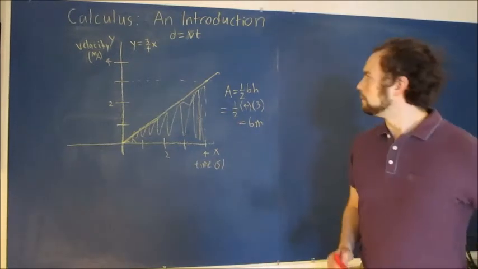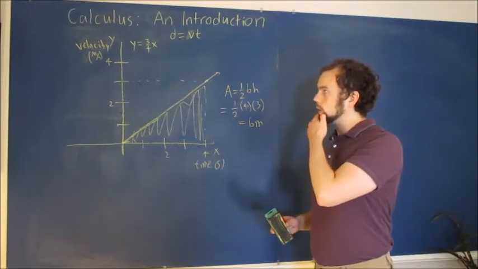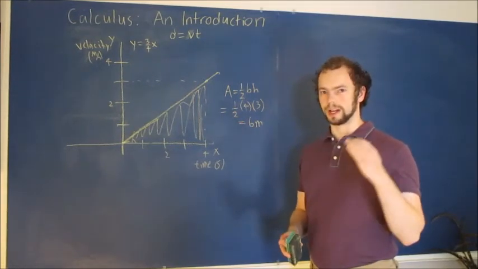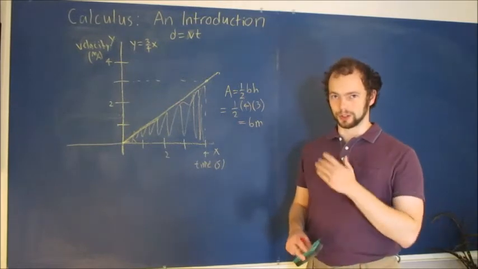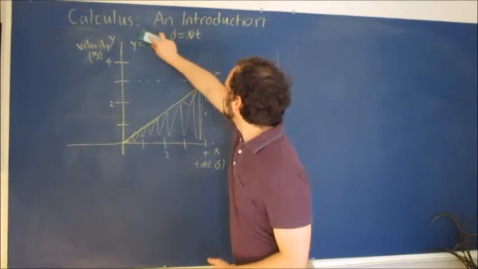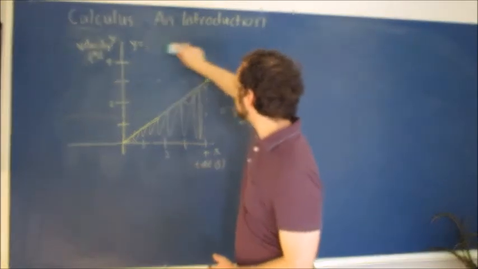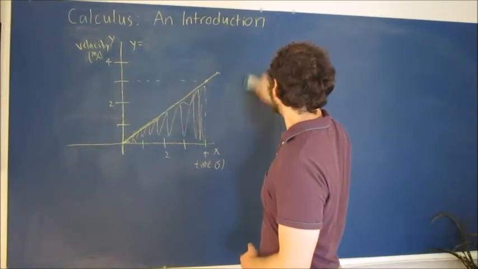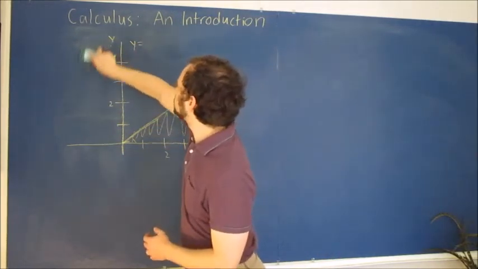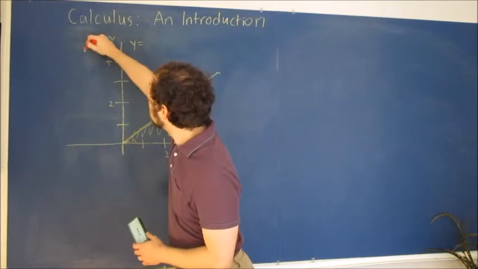Now, the problem arises when we leave the realm of nice linear functions and we enter curved ones. So now let's consider a different function, and let's go back to thinking about distance for a second instead of velocity.